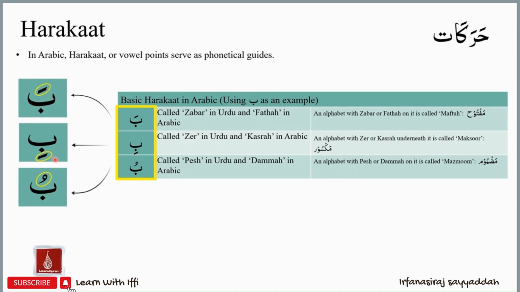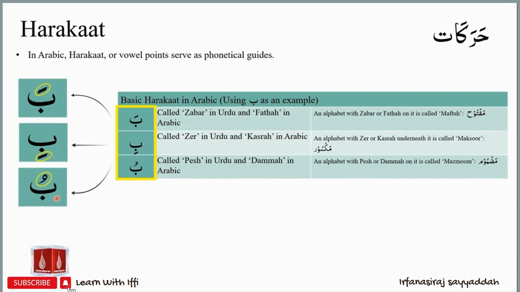In the next case, there is a harakat below ba, which is called zair in Urdu and kasra in Arabic. The presence of zair underneath ba will produce the sound bi. So for the alphabet ba, if there is a zabar on top of it, ba, zabar, ba. And if there is a zair underneath ba, ba, zair, bi.